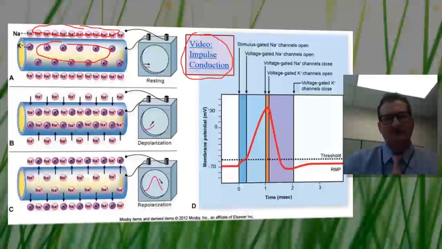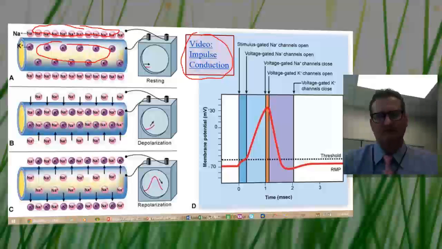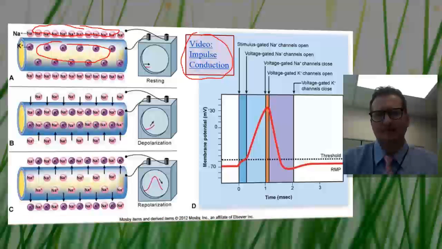So what happens is a stimulus, such as chemicals, heat, or mechanical pressure, causes channels on the neuron's membrane at the axon hillock to open, and these are called localized potentials. They're shown here in this diagram or graph. These are stimulus-gated sodium channels.